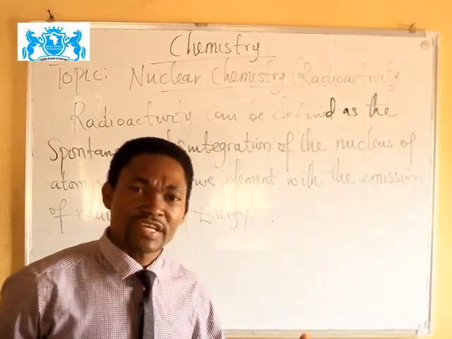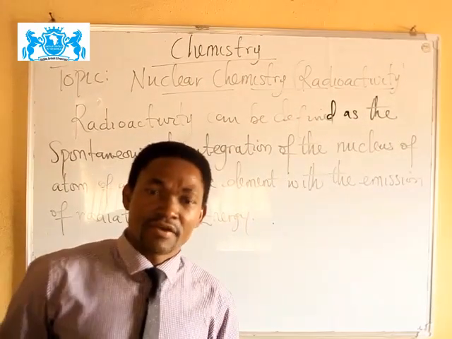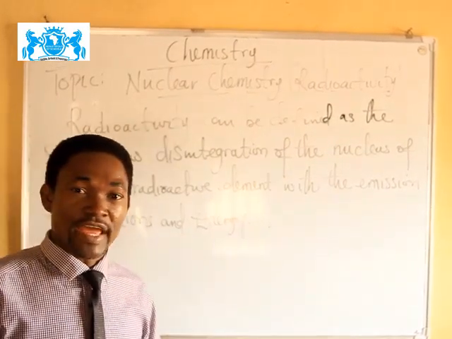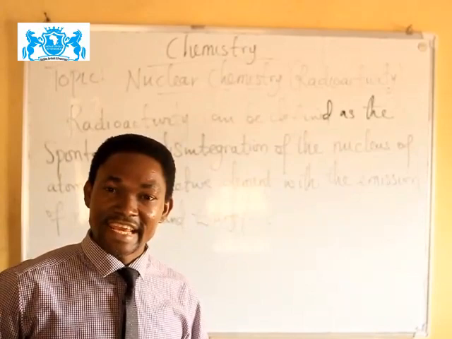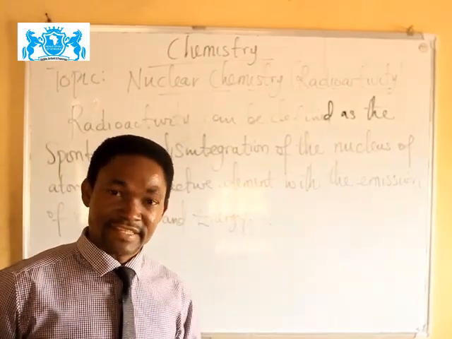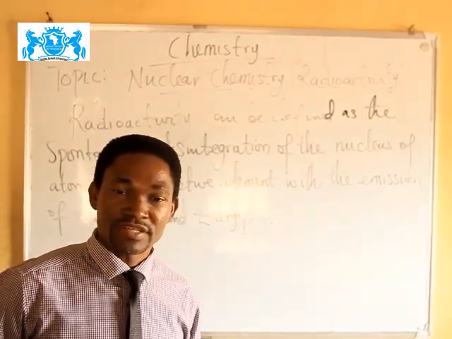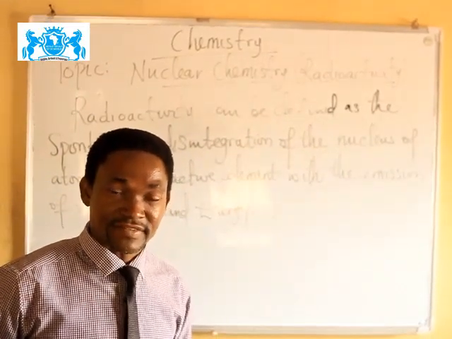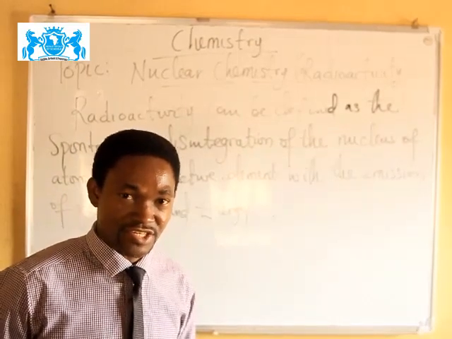Now, radioactivity as a subject was discovered by a French scientist called Henri Becquerel in 1896, when he was observing a uranium ore and observed that it emits radiation in the course of his research.